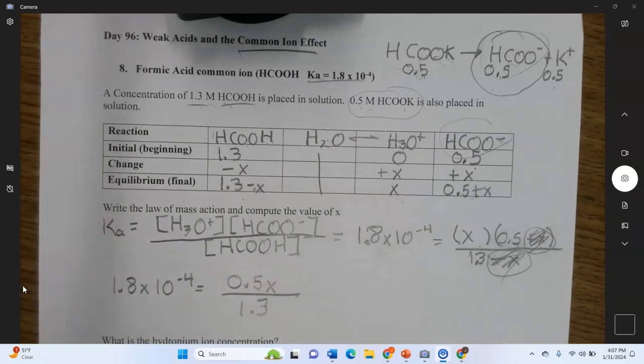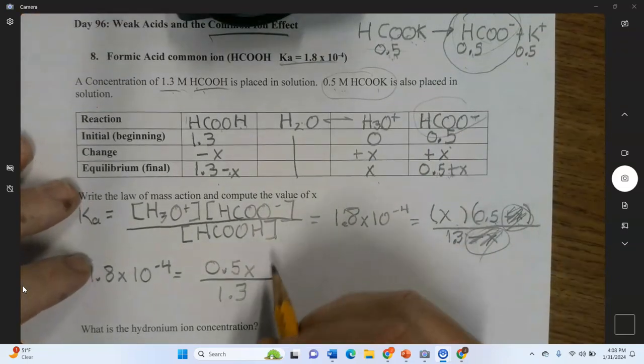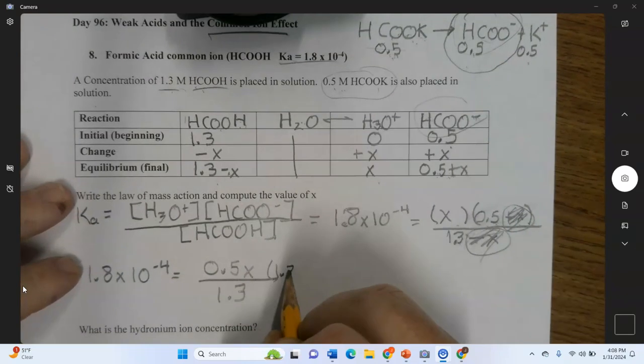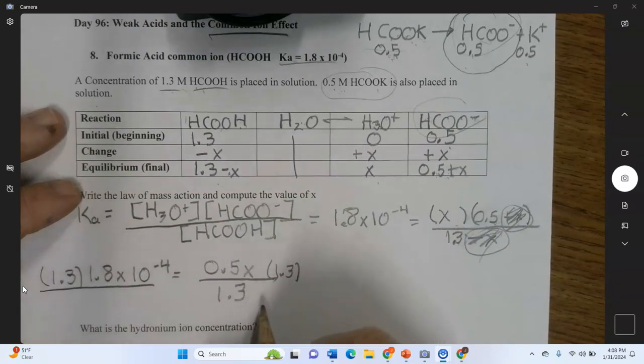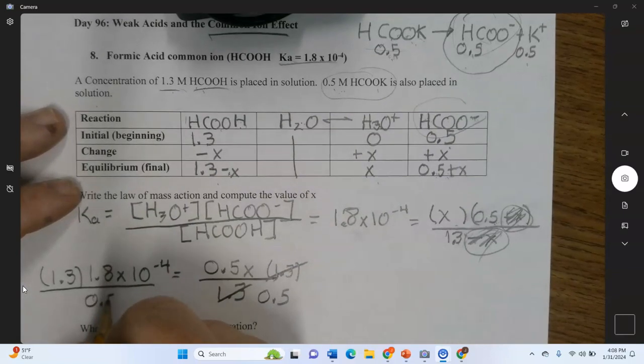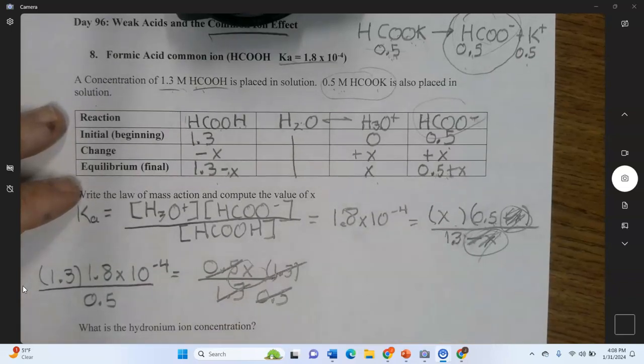Okay, so don't let me fake you out on the math. I'll write all the steps out here. I'm going to multiply both sides by 1.3. And they cancel. And I'm going to divide both sides by 0.5. And these two cancel. So all I have left on this side is x.